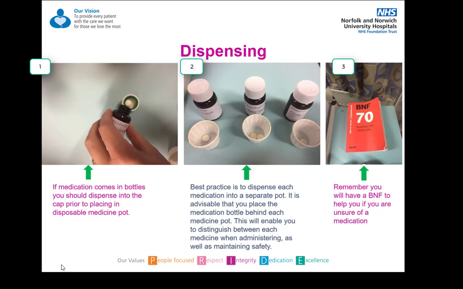Now the reason for this is if, for instance, you accidentally tip one too many tablets into the cap, you can pop that back into the box without it being contaminated, whereas if you pop it into the paper pots, you can't. Medication which comes in the plastic metallic sort of wrapping, which needs splitting, can be dispensed straight into the pot. Now for your implementation station, they usually use the bottles as demonstrated in these pictures.